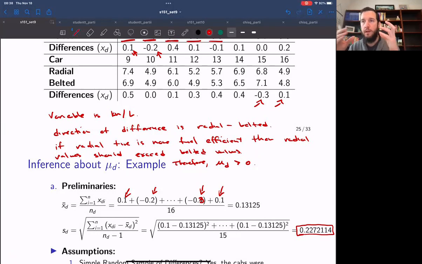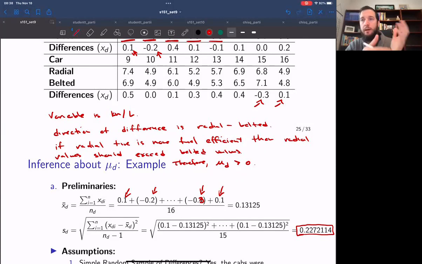So it might almost be easier to think of a paired t-test as a process where you start by computing the difference between each paired value, and then basically just pretend like that original data didn't even exist and treat those differences as a sample.